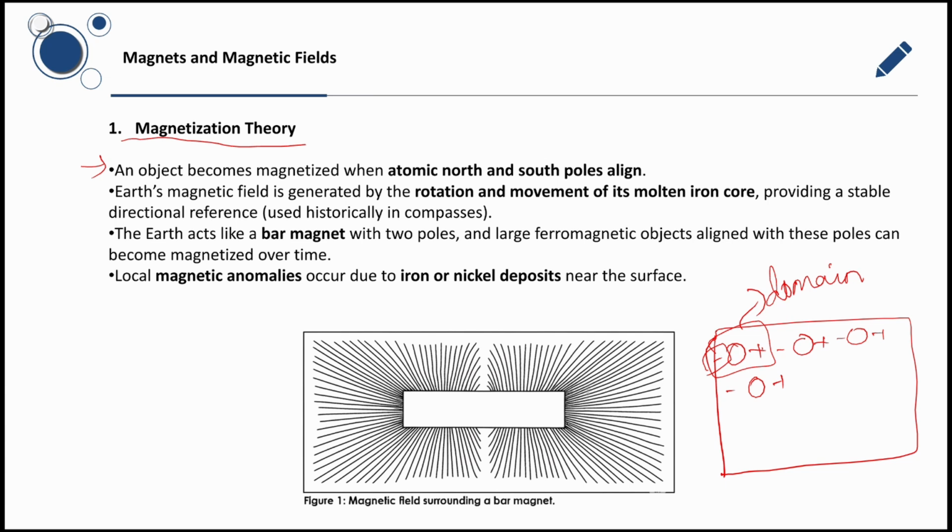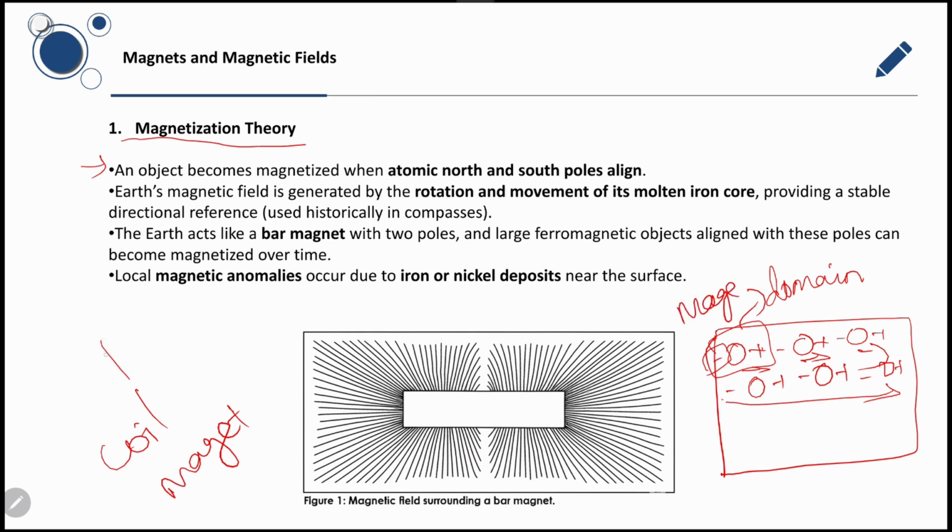When we apply an external magnetizing force, like a coil or a magnet, the domains turn and align in the same direction. This is the magnetized material.